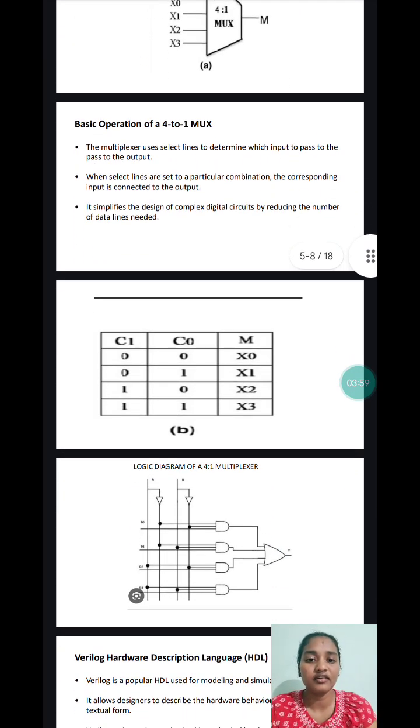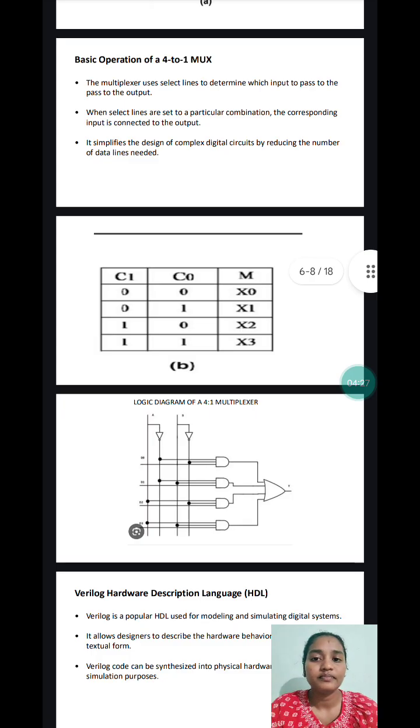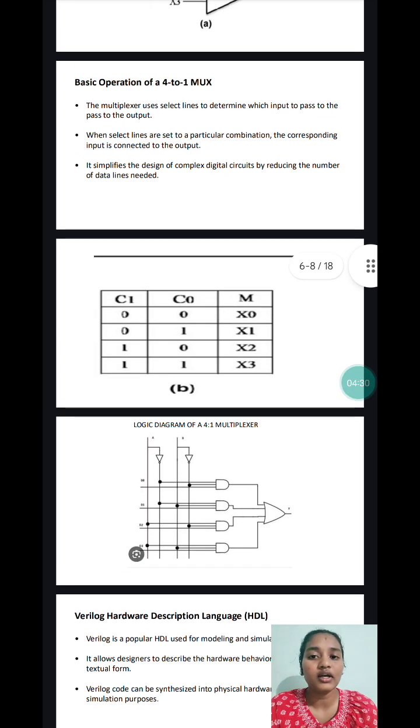Basic operation of a 4 is to 1 mux. The multiplexer uses select lines to determine which input to pass to the output. By the select lines only, the input is selected, and it is passed to the output.